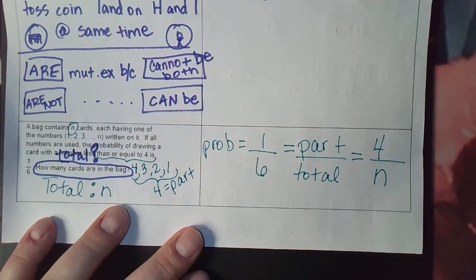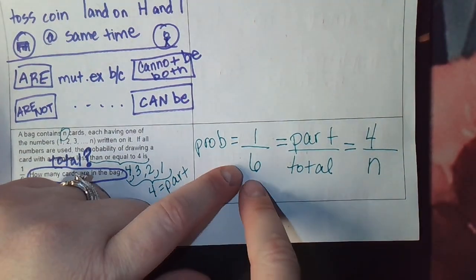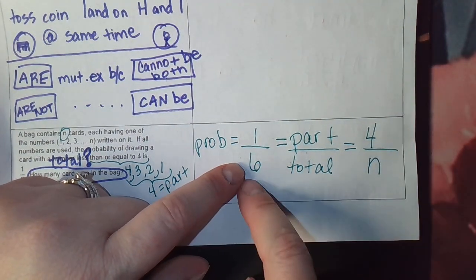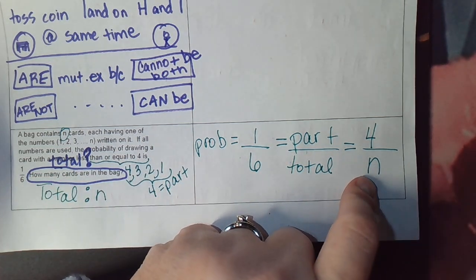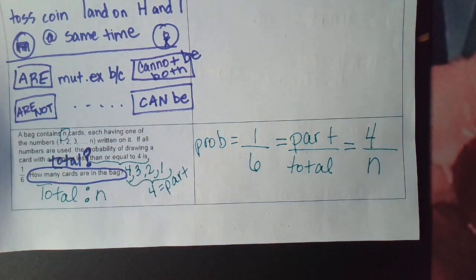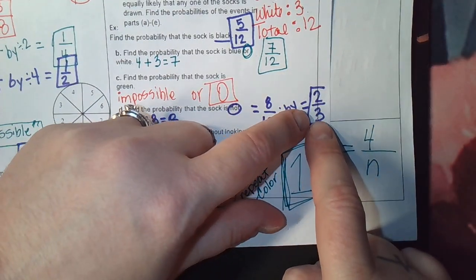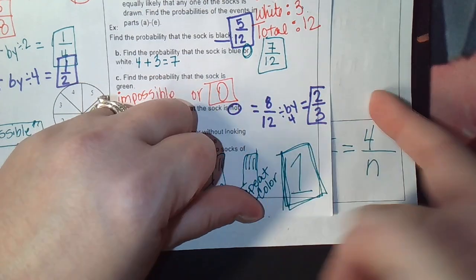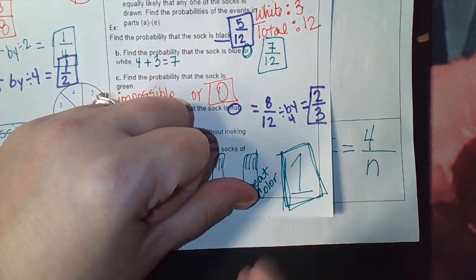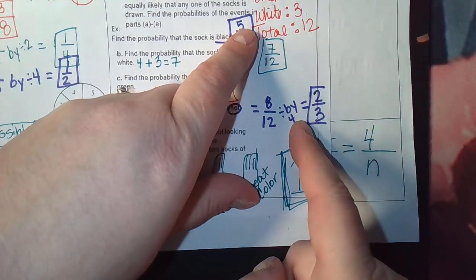So it's like we're going backwards. It's like they gave us the reduced fraction, the aftermath, and we have to figure out what we started with. So it's kind of like they gave us the 2 over 3, and we have to go backwards to find the original numbers. To get from 8 over 12 to 2 over 3, we divided by 4.